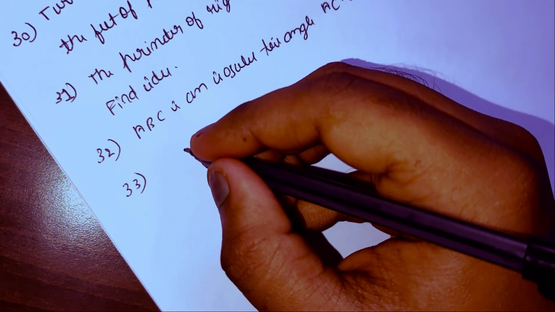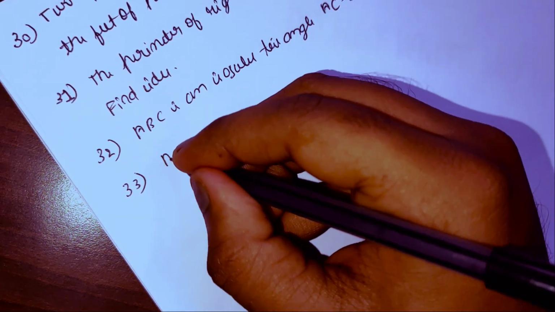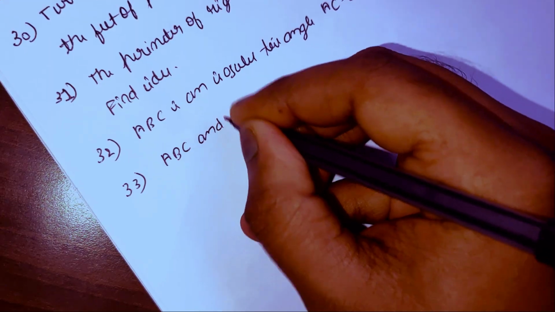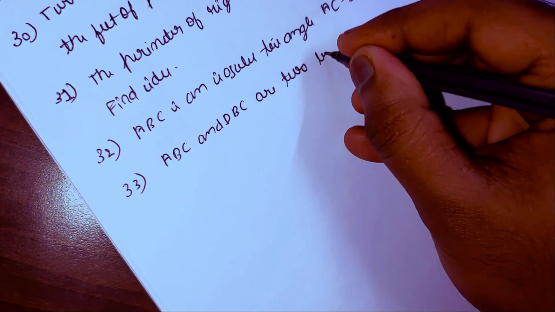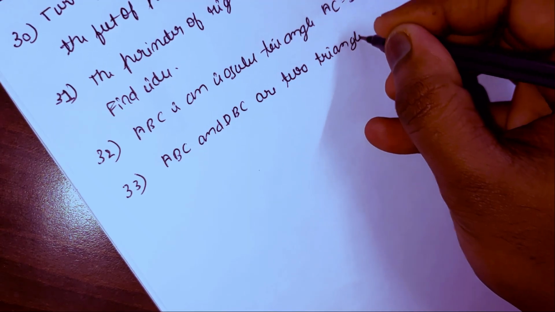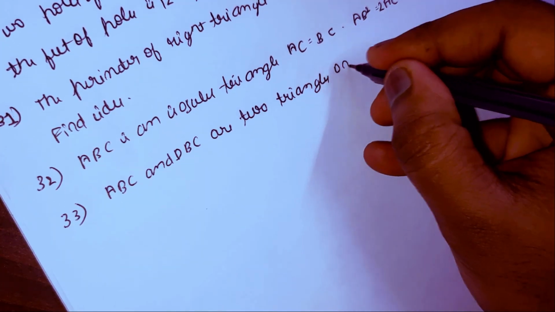33rd one. In the figure, ABC and DBC are two triangles on the same base BC.